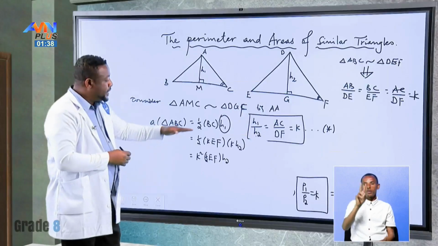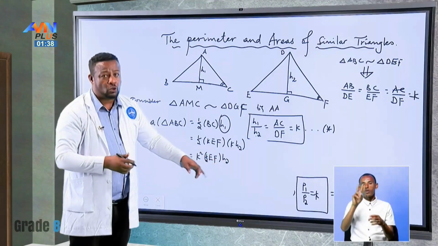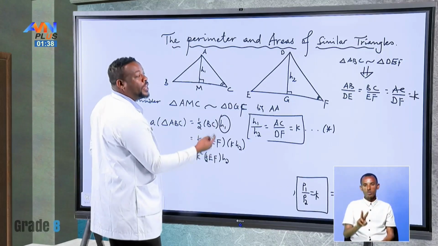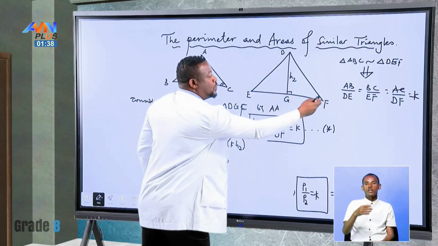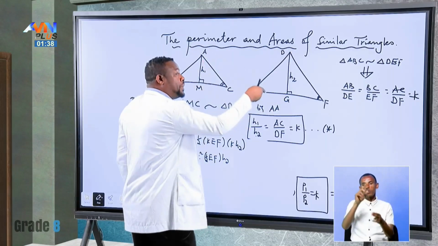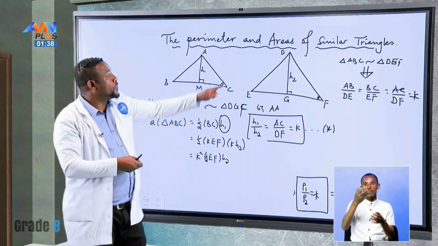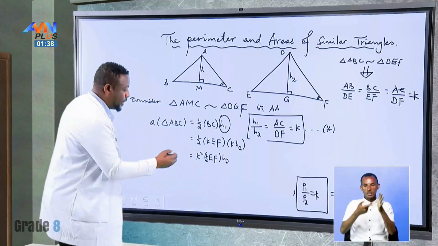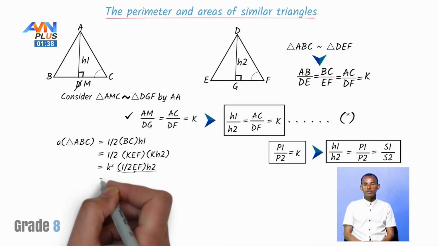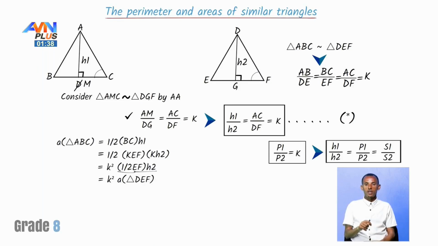So this is exactly the same as K squared times half of EF times H2. But half of EF times H2 means the area of triangle DEF. So in place of this, you can substitute area of triangle DEF.